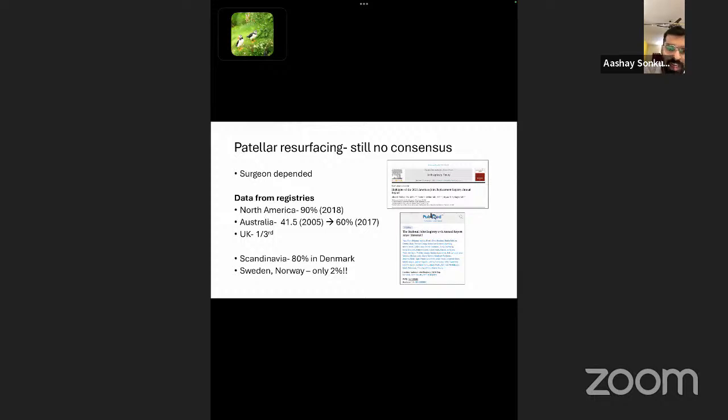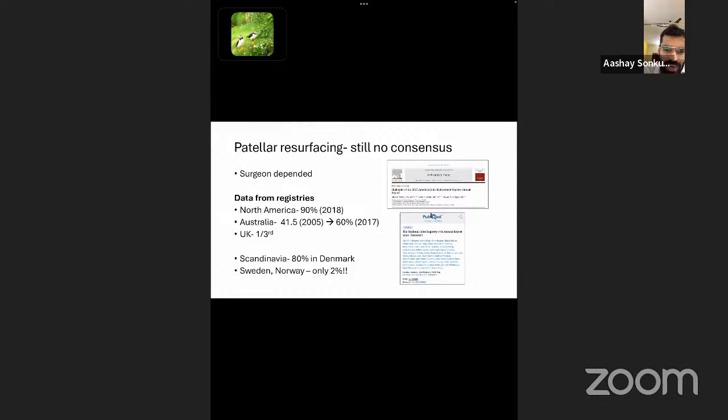In Australia, we see an increasing trend from 41 to 60%. The National Joint Registry in UK shows that about 1/3, that's 33% of the surgeons, prefer resurfacing the patella. The Scandinavian registry, on the other hand, where Sweden and Norway show only 2% resurfacing in the knee.